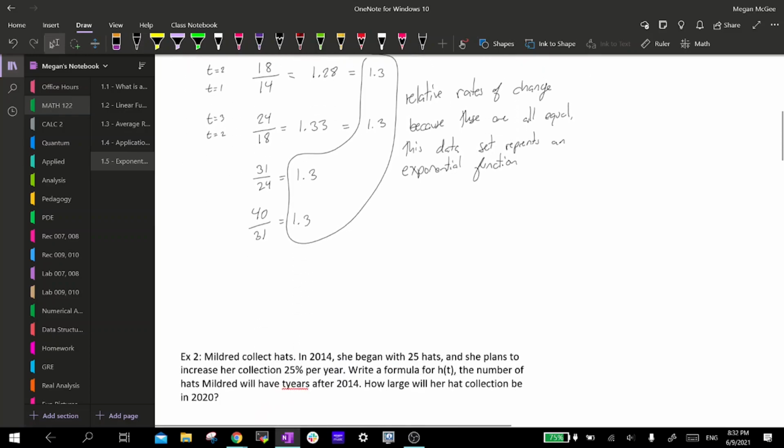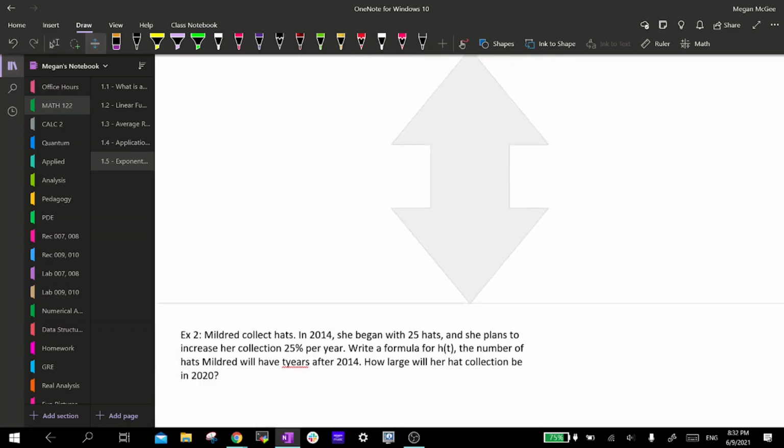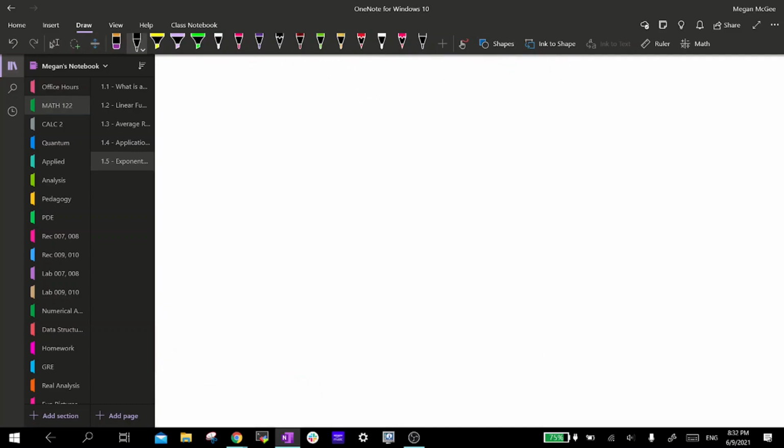Alright, so exponential functions are used a lot in population dynamics. Alright, so I need some more space before our next example. Typically we use P of t, and this could be a population, where t is some time in whatever units given in our problem.